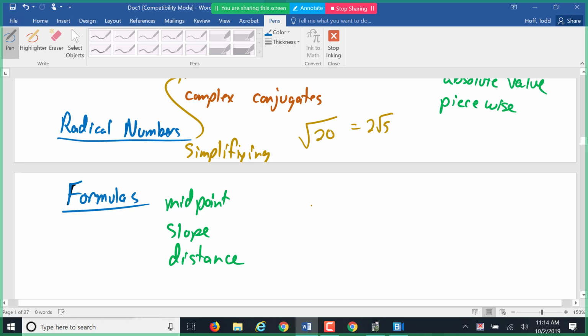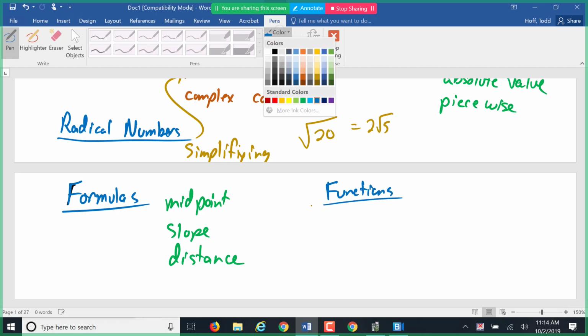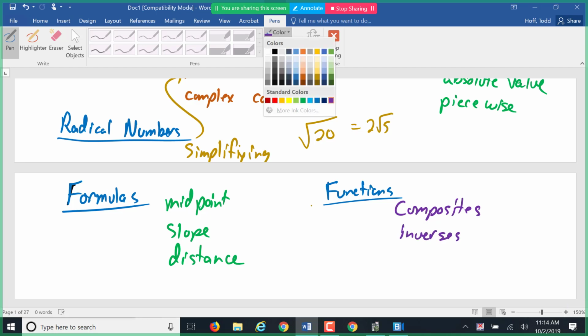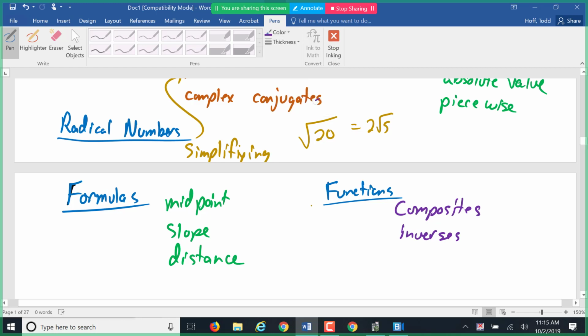All of our stuff with functions and polynomials is also fair game. Or, sorry, functions, as far as evaluating functions, composites, inverses, and so on. And then, of course, we have our polynomial functions, roots, and stuff like that that we went over at the beginning of class.